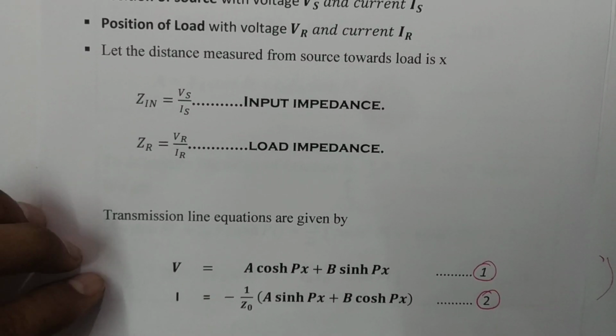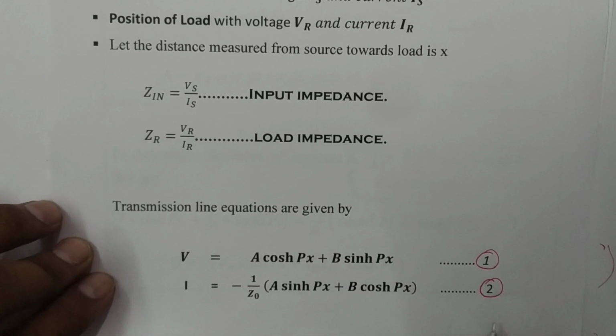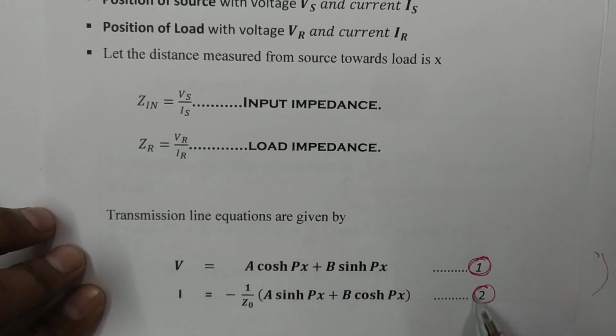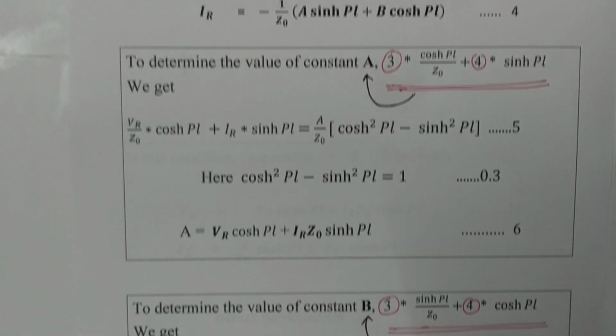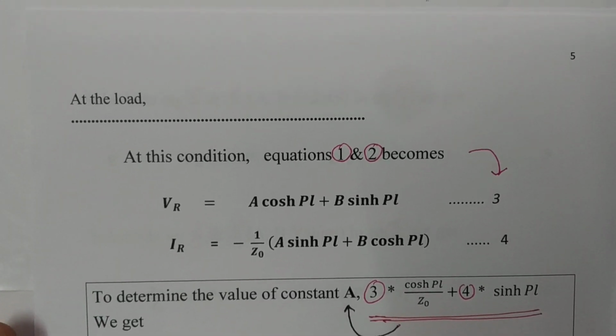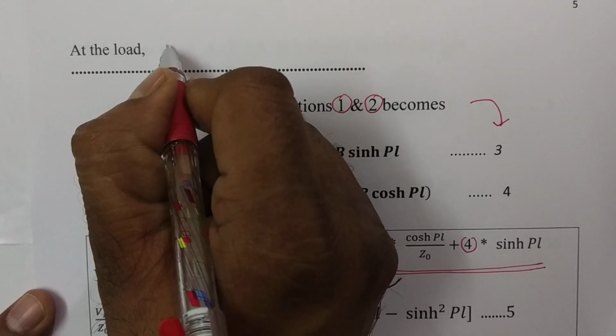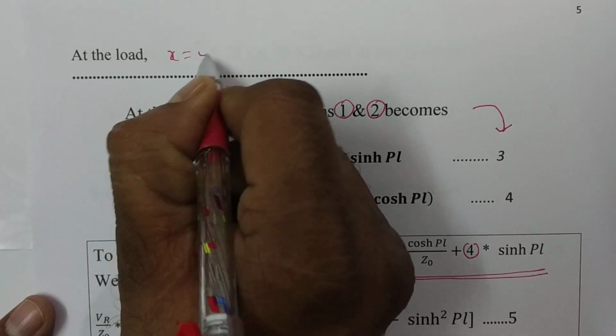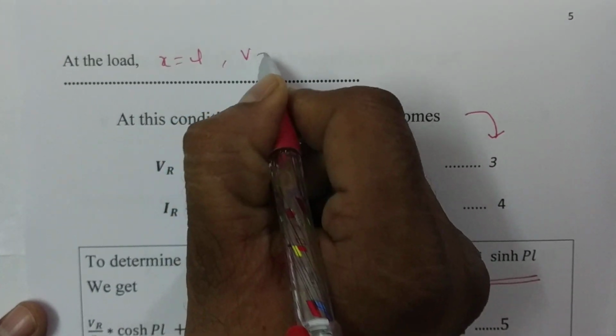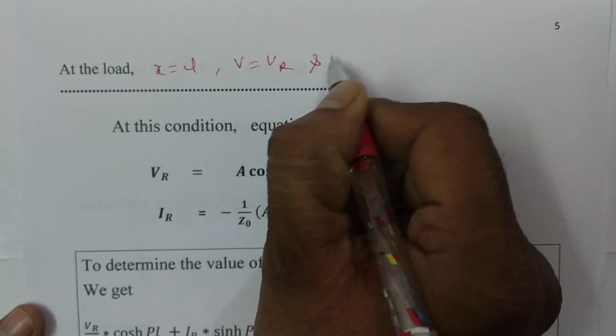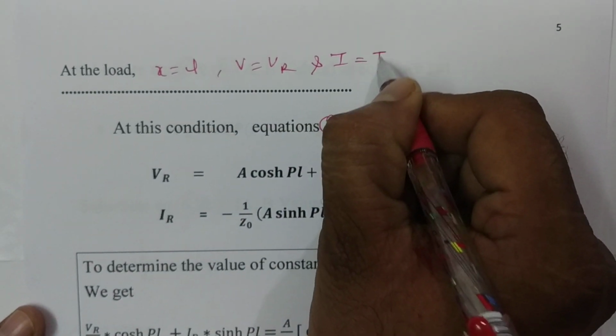Now we start the derivation from the transmission line equations 1 and 2. At the load, X equal to L, V is equal to VR and I is equal to IR.